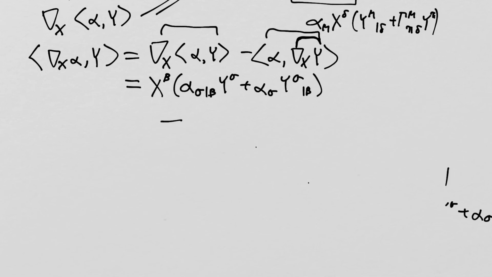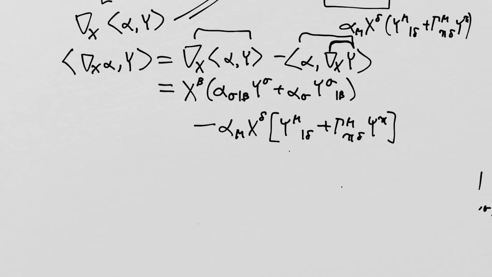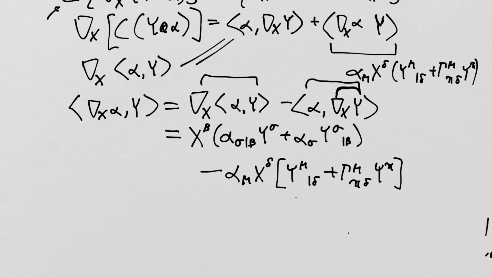So it's going to be minus α_μ x^δ (∂_δ y^μ plus Γ^μ_πδ y^π). All right, well, let me put this. So this expression equals this expression.